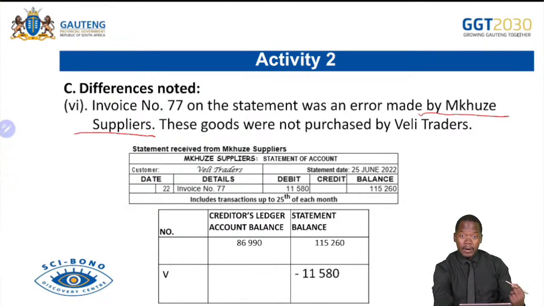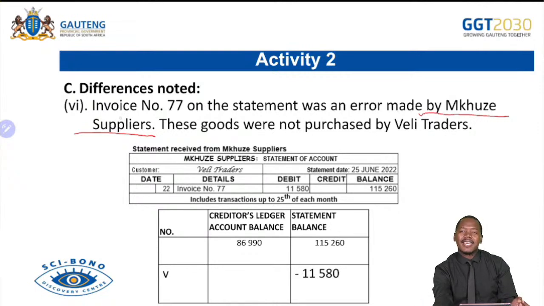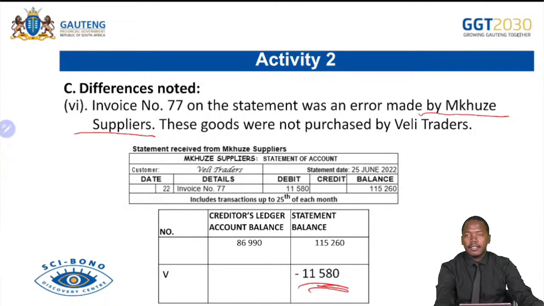It is not our problem, it is their problem. So what we need to do now, we are going to correct our statement balance. So it means, remember, an invoice is initially added. So to correct it is to subtract it. So hence we are seeing 11,580 as a negative.